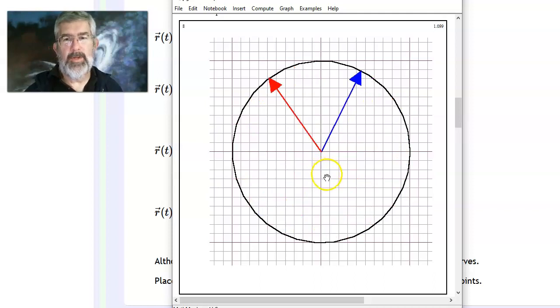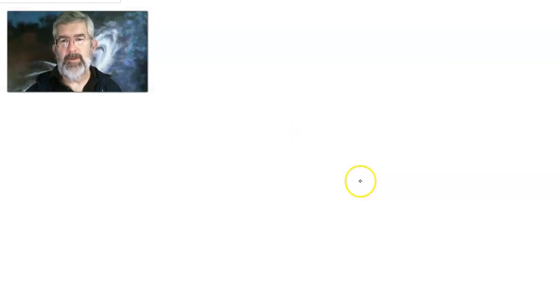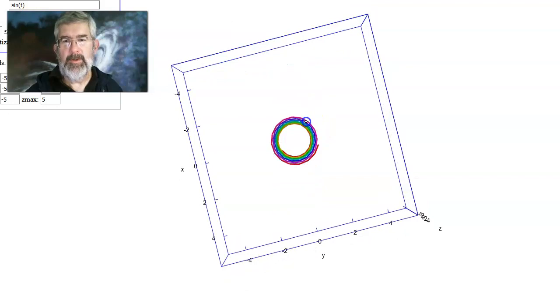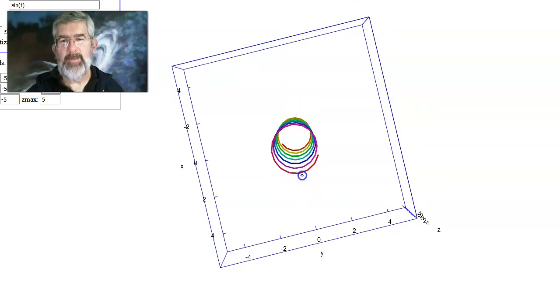Let's take a look at those three-dimensional ones. So I want to just click on this one here, cos t, sine t, t. Like this one, there's definitely some circularness to it. If I look straight down on it, looking straight down the z-axis, you can see the circle in the xy plane.